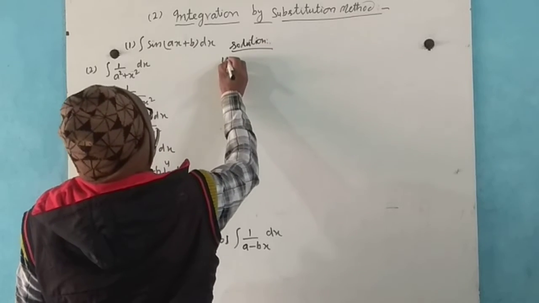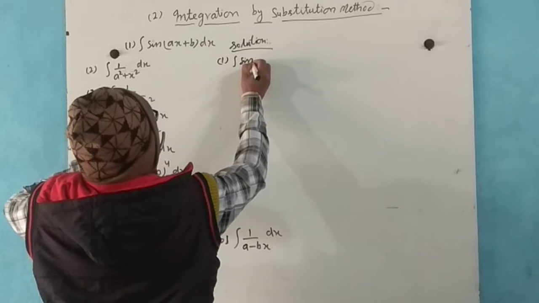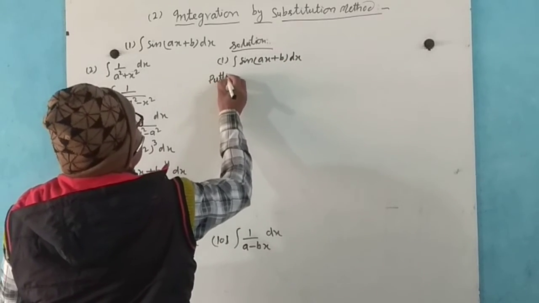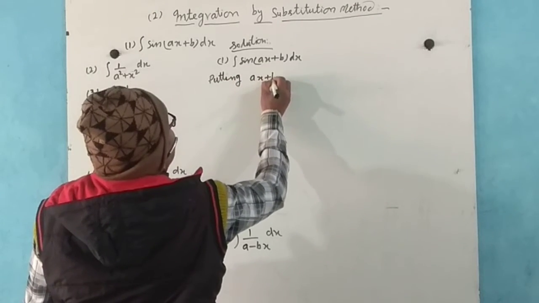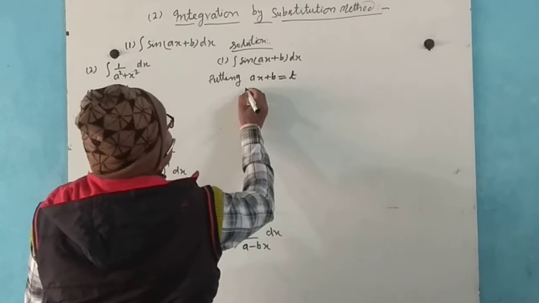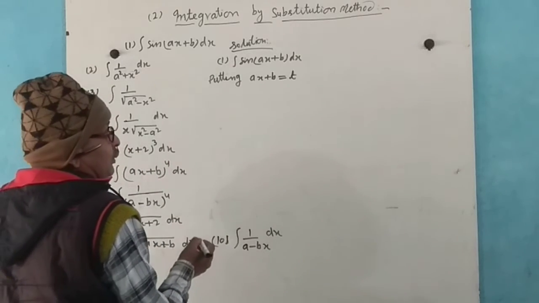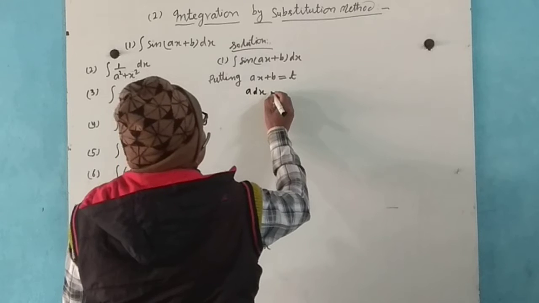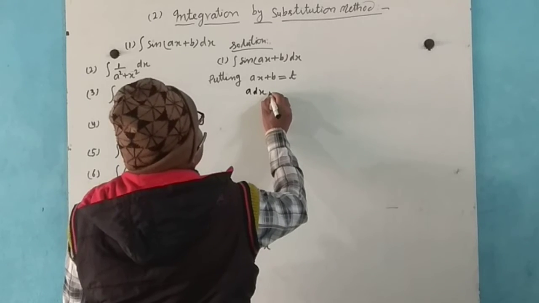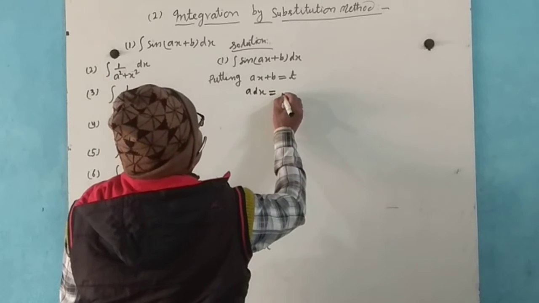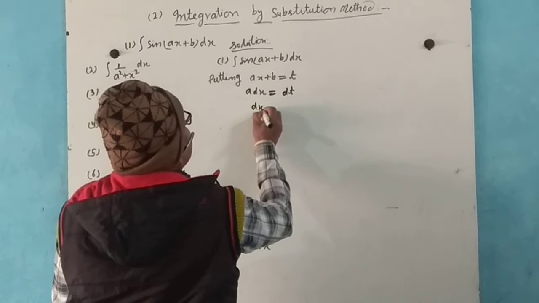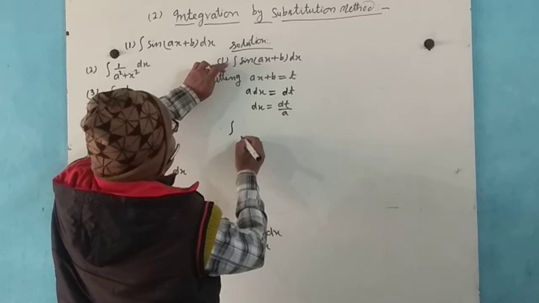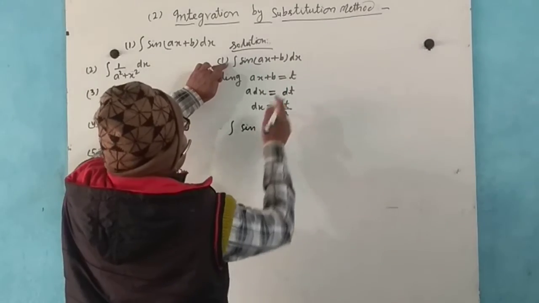Solution: putting ax plus b equal to t, differentiating, a dx equal to dt, so that dx equal to dt by a.